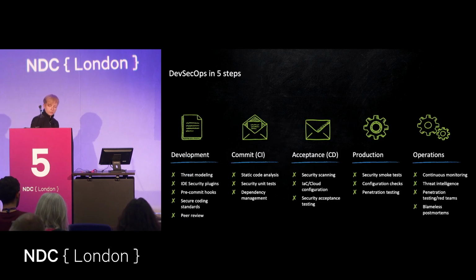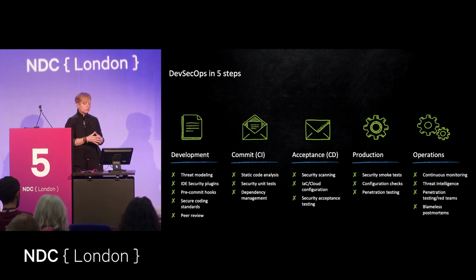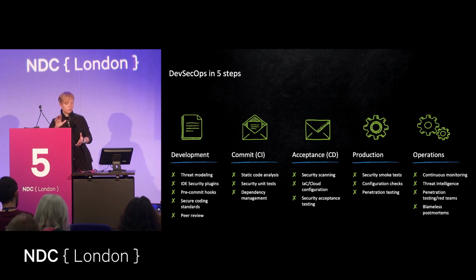What is DevSecOps? It's all about, like I mentioned, integrating security, process, tools, and people education in 5 steps. So technically speaking, you just add security in every single step of your application lifecycle management. You start with the phase where you do the development.